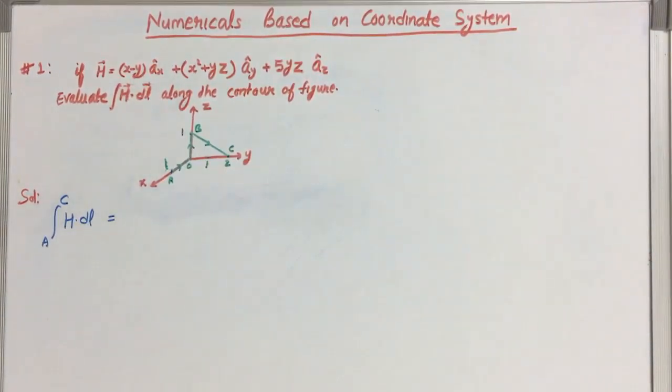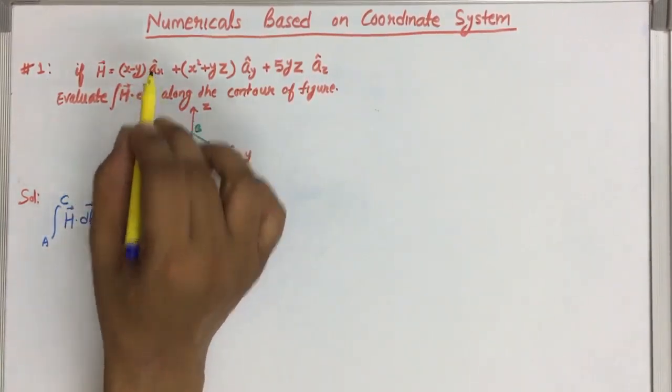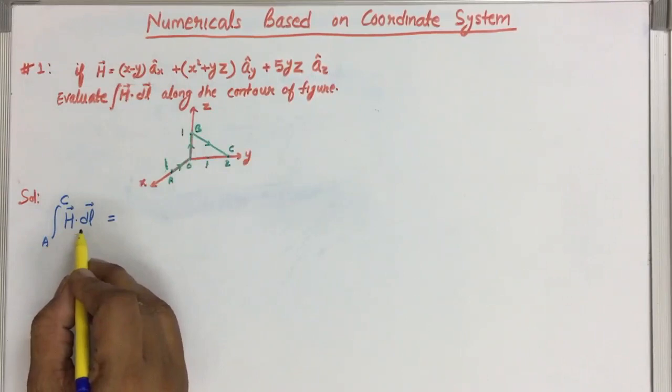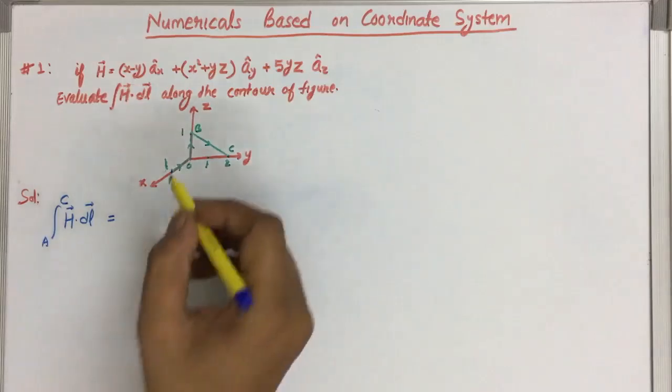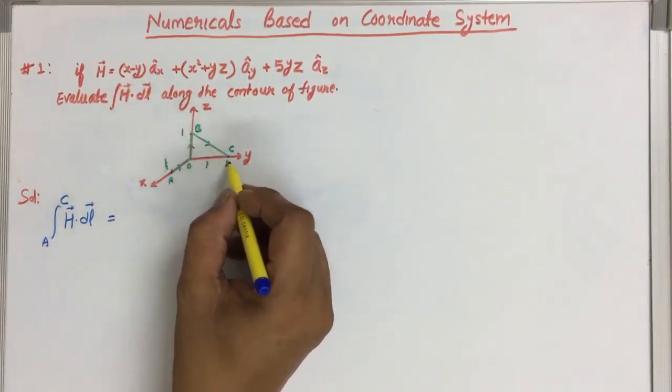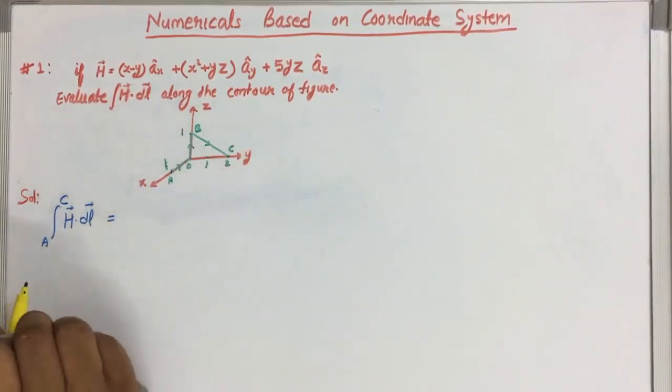So from here, H is given and dl is still unknown, that is the differential length along this path that we have to find, and then we can do the dot product.